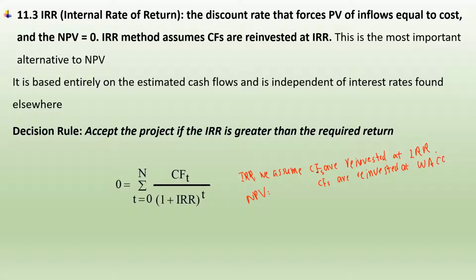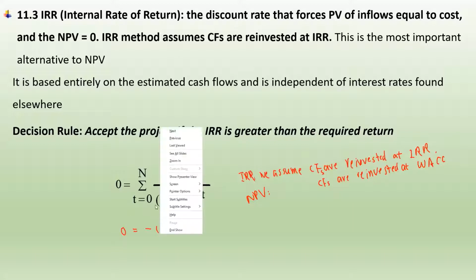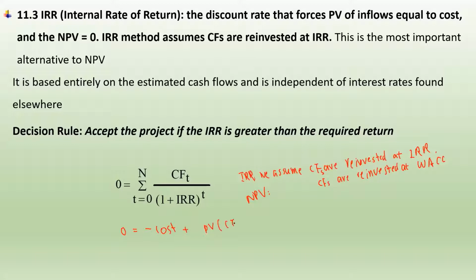So what does this reinvestment actually mean? For IRR, if we write it here, it equals the initial cost plus the present value of the first cash flow, and keep going, to the present value of the last cash flow n.